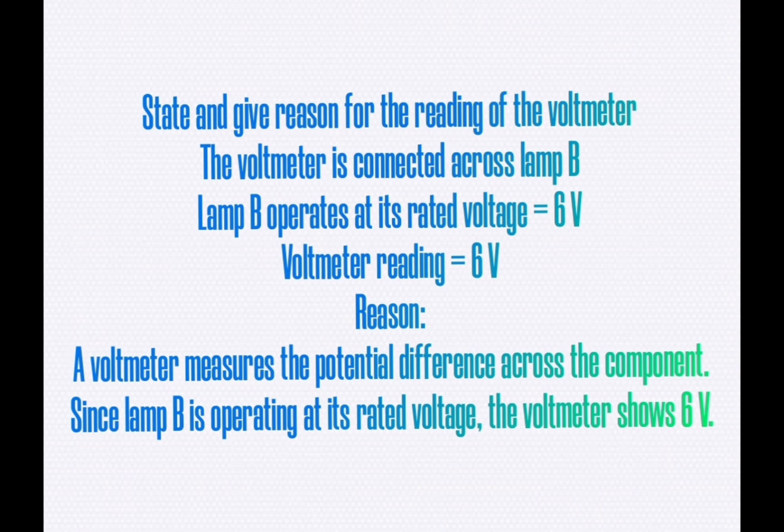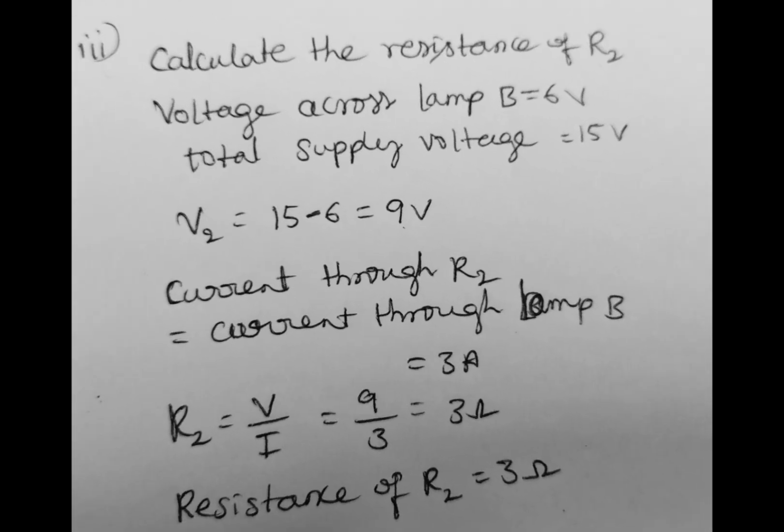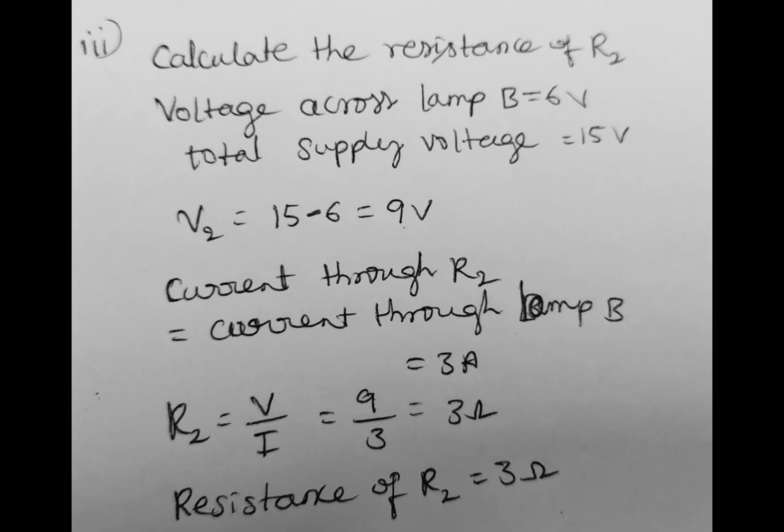Next question. Calculate the resistance of resistance R2. Okay. So here total supply is how much? Total electrical supply is 15 volts. That means potential difference is 15 volts, and lamp B needs only 6 volt. So voltage across R2 is how much? Total is 15 volt. Lamp B requires only 6 volts.